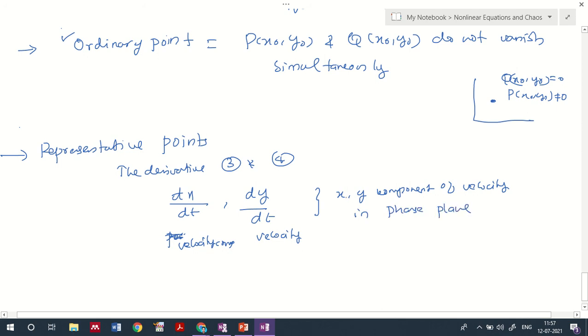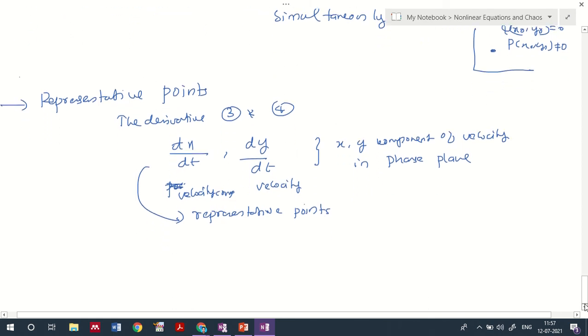So these are two other points. And what do they represent? dx by dt and dy by dt basically represent the x and y components of velocity in a phase plane, and we call this representative points. To be more clear, I can represent this equation like this.